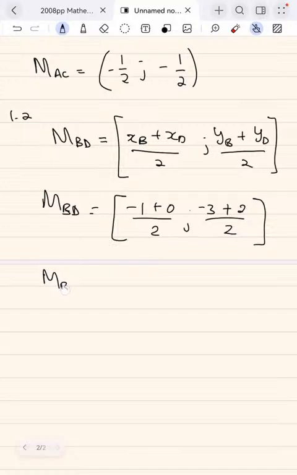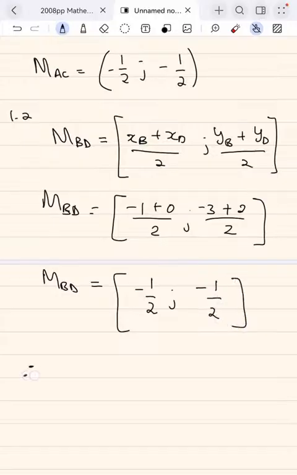So MBD is equal to -1 plus 0 is -1 divided by 2, and then -3 plus 2, no, it's not a plus, it's coordinates. -3 plus 2 is -1, all divided by 2.